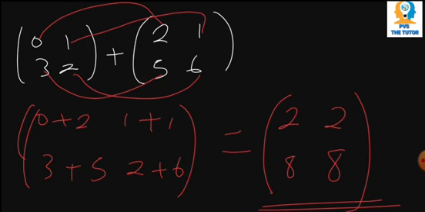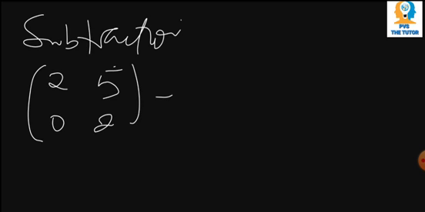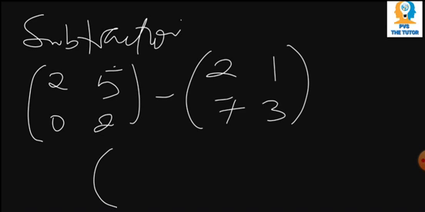Let's look at subtraction. The same rules when adding are the same rules when subtracting. So under subtraction, for example, if we have this matrix being subtracted from this one, the resulting matrix will be of the same order.